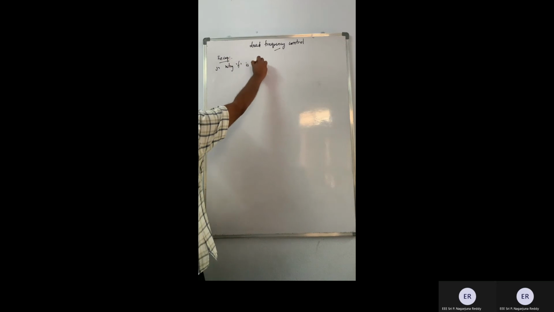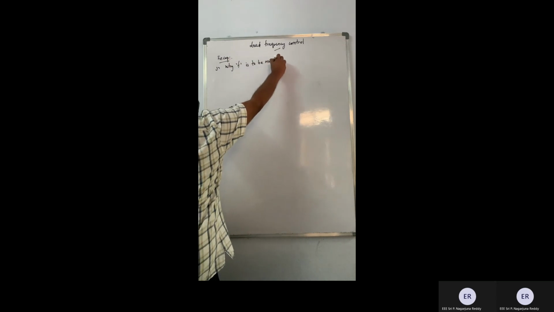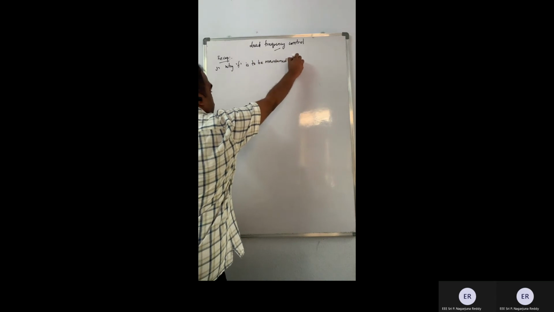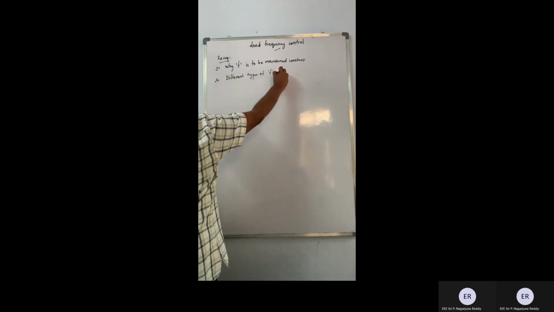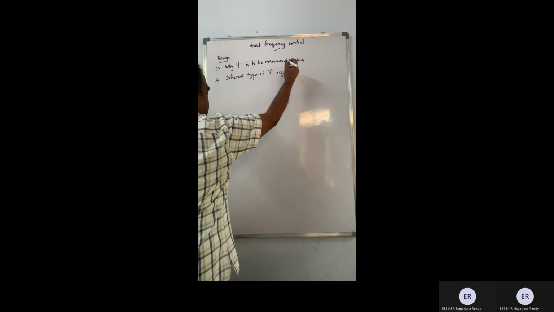Let's have a small recap of what we have learned yesterday. Yesterday, we have gone through why frequency is to be maintained constant, and we have also seen different types of frequency regulation, isn't it?